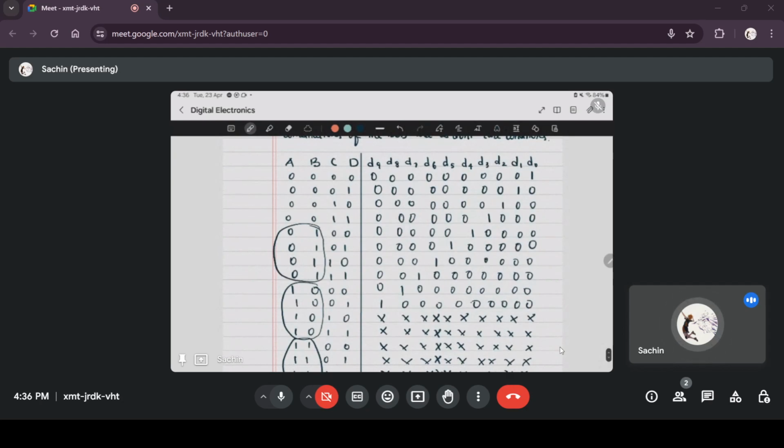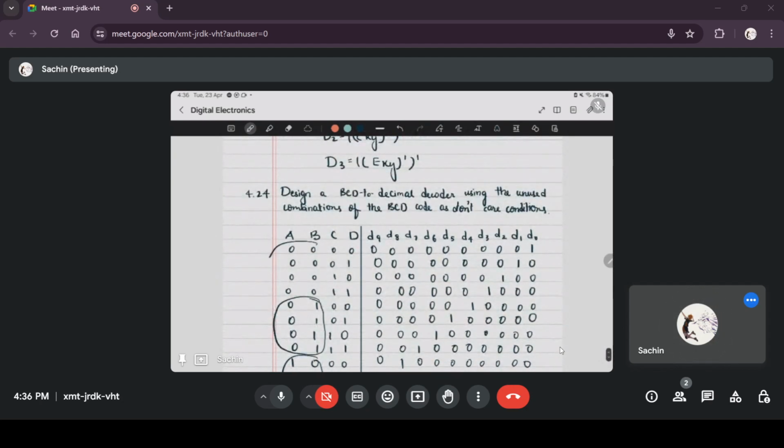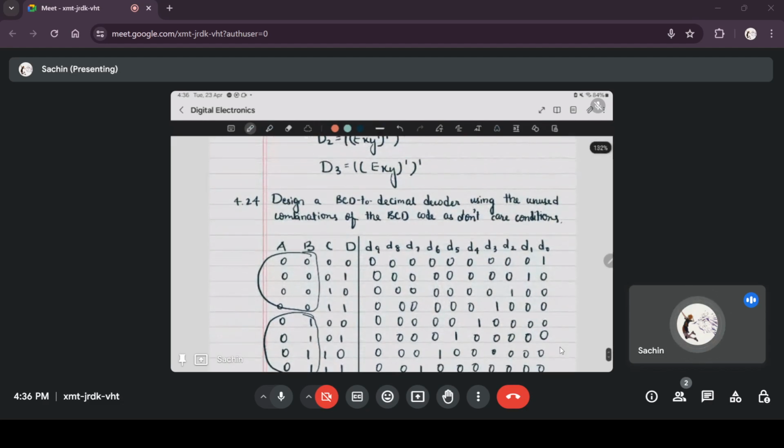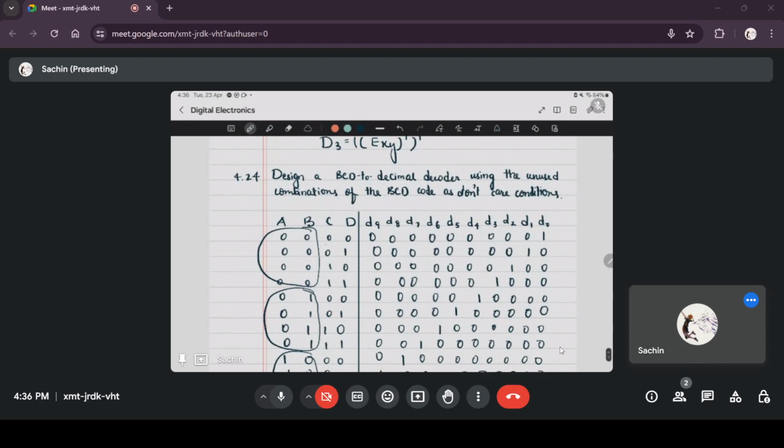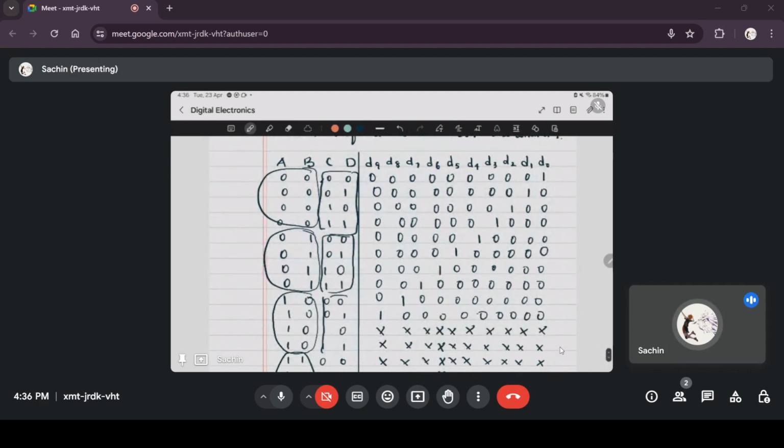If it's 0 1, you're dealing with these, and if it's 0 0, you're dealing with the first 4 input combinations. So now you can see that the remaining part is the same: 0 0 0 1 1 0 1 1 1 0 1. Remaining part is the same for each of these.